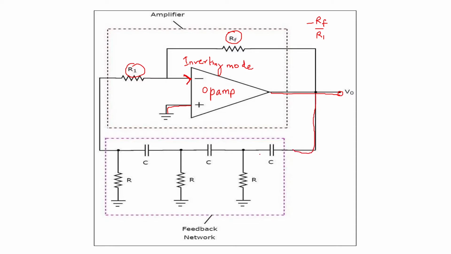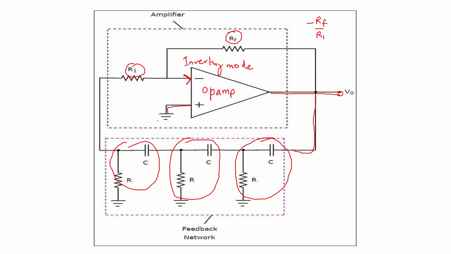And in this feedback, you can see there are 3 sections of R and C, that is resistor and capacitor. So here you can see this is one section, this is another section, and this is the third section.